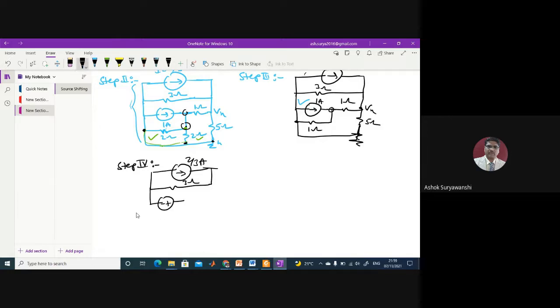So current flows from higher potential to lower potential. Now V is equal to IR. I is 1 ampere and R is 1 ohm. So V is equal to IR, so it is 1 volt, and this 1 ohm will come in series. And then again there is another 1 ohm in series with that. And then that resistance is connected to this Vx point.